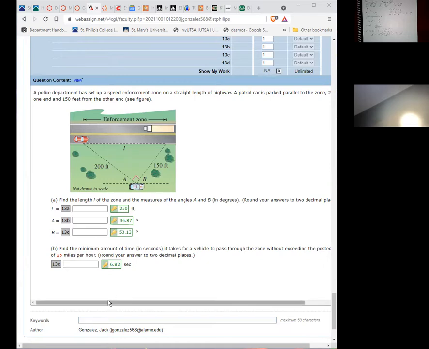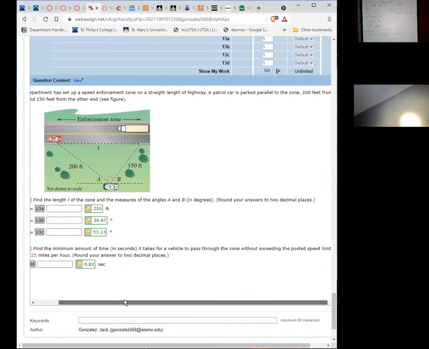Find the length L and the measure of angles A and B. It appears that they're talking about these angles, A and B, outside the triangle. You agree that from here all the way to here is 180, right? Yes, sir.